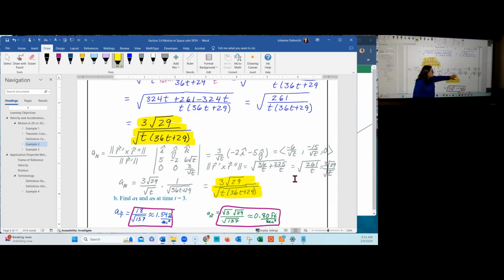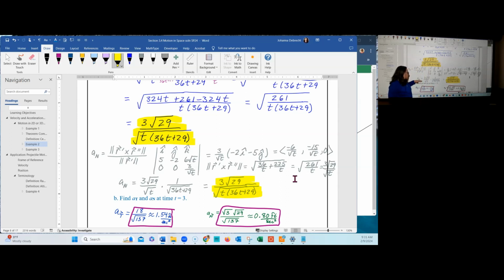To find the magnitude, I square the two non-zero components, add them together, and take the square root, and surprise, surprise, I get a 261 under the radical, which I know reduces to 3 square roots of 29 divided by the square root of t.